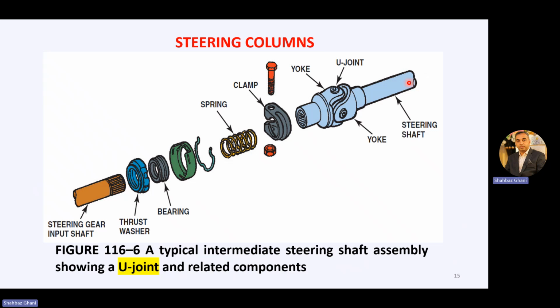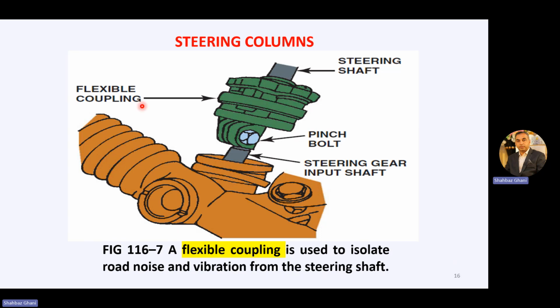Then we have a steering shaft coming here. Then the typical U-joint assembly, which we studied, is attached to the steering gear input shaft. So this is the arrangement, and we have studied this. This is the flexible coupling, which is in between the intermediate steering shaft and the steering gear input shaft.